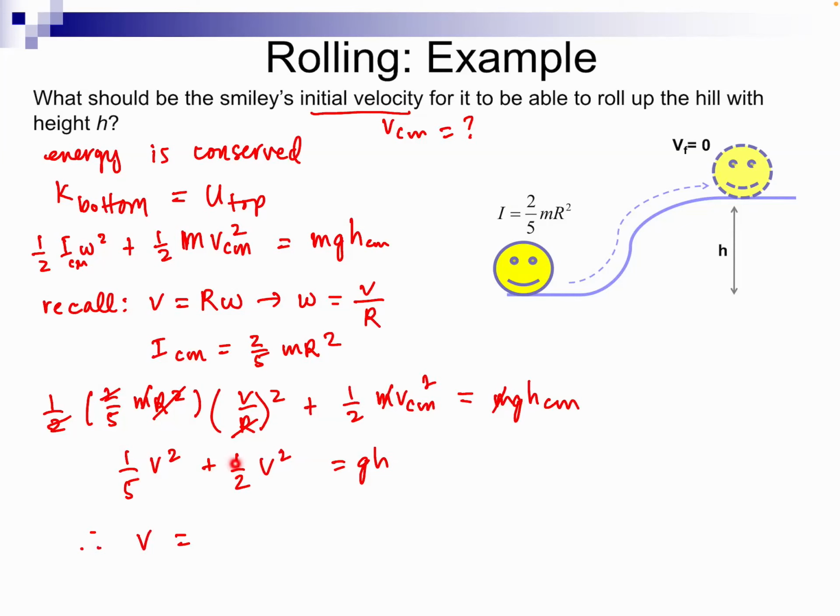So this will be 7 over 10 v squared equal to gh. So therefore, v is equal to the square root of 10/7 gh.